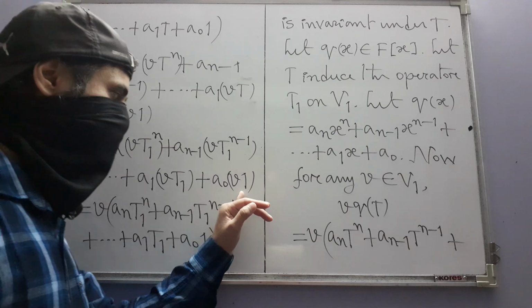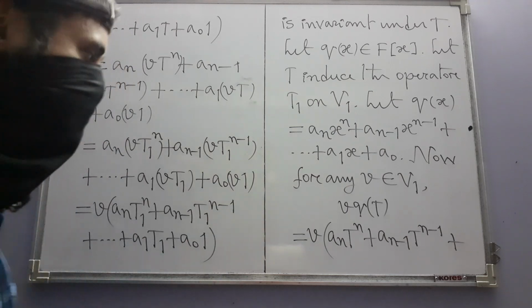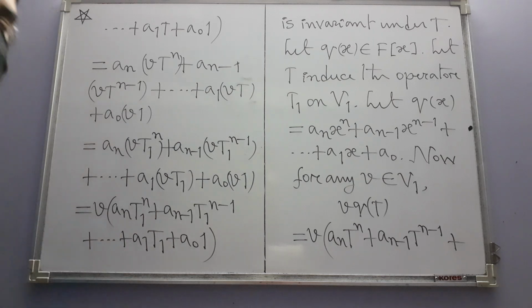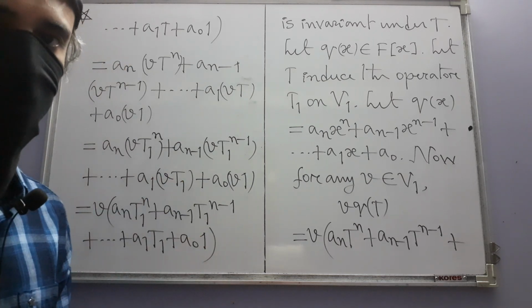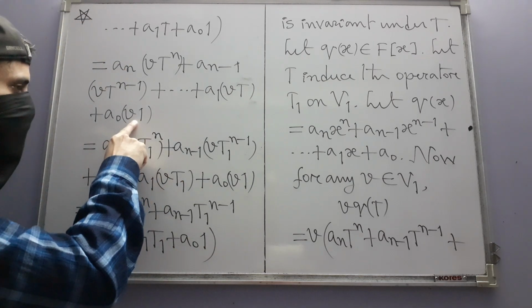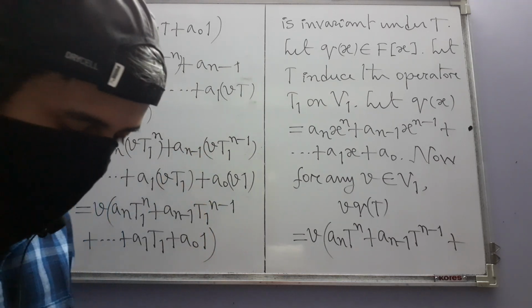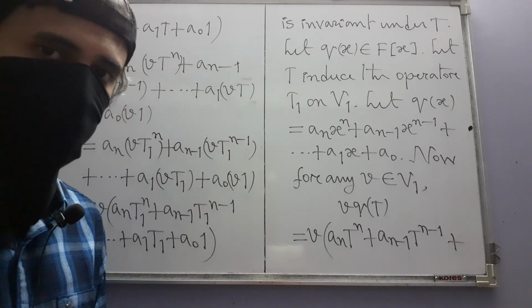Actually, if you really want to be absolutely rigorous, this one and this one are not exactly the same identity operator. This one is the identity function on the space V. It's a function from V into V, onto V actually.